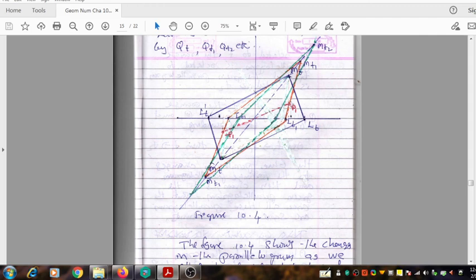As we reduce further the value of h, it shrinks further, and the lattice point moves away from the body of the parallelogram.